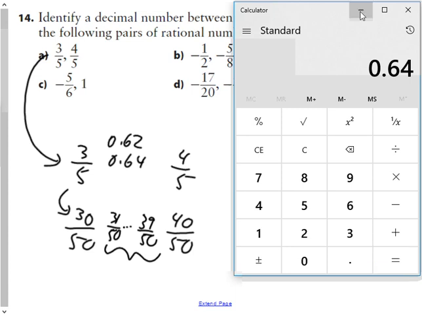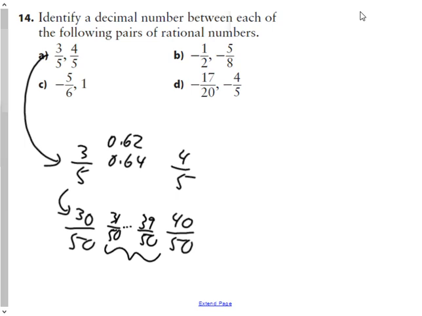You can convert them into equivalent fractions that have spacing, and then find any fraction and convert that to a decimal. In the second example, another way to do it is to change them both into decimals and compare them. So -1/2 would be -0.5. -5/8, if I use my calculator, would be -0.625.